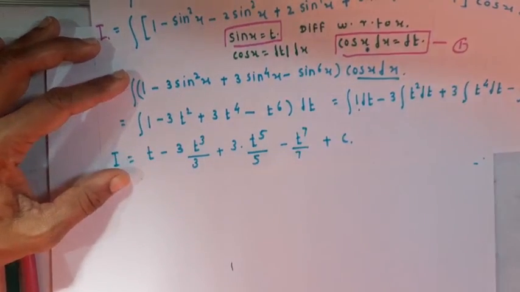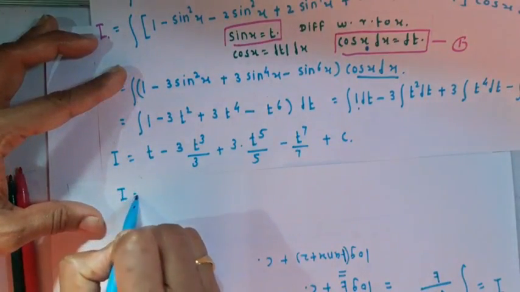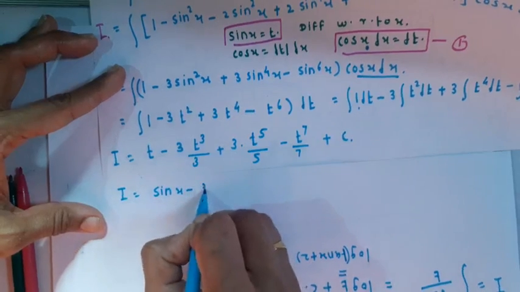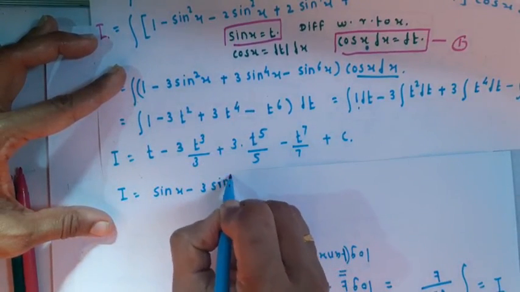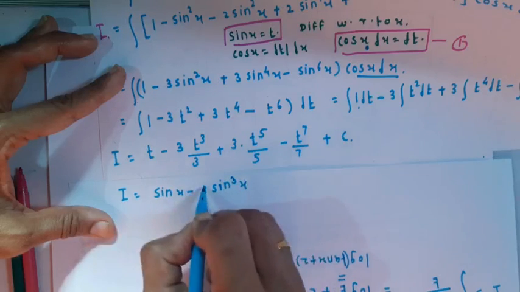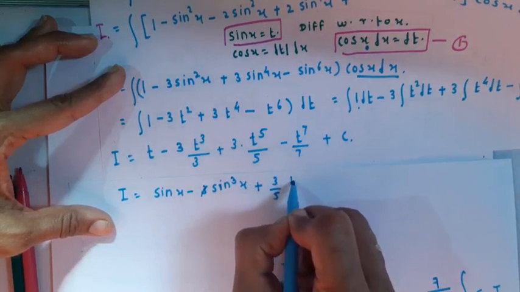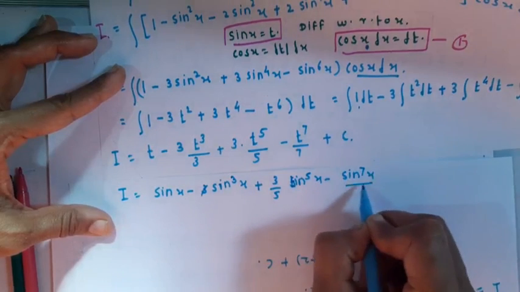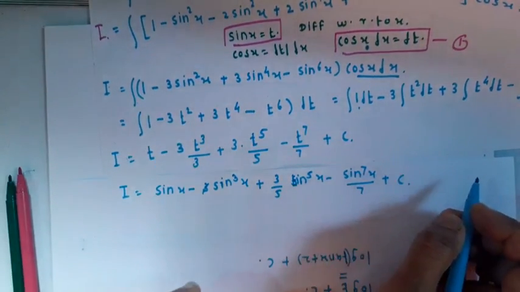After putting the value of t, integration I equals sin x minus 3 sin cube x upon 3, where 3 gets cancelled, so we get sin raised to 3x, plus 3 upon 5 sin raised to 5x minus sin raised to 7x upon 7 plus constant of integration c. In this way we have to solve the problem.